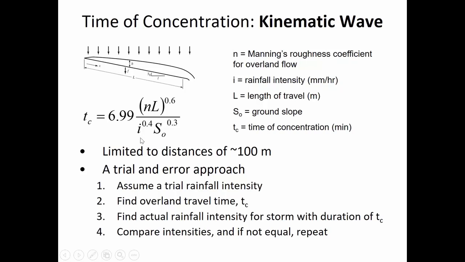You'd make some guess value of the T sub C the first time so that you can find out a rainfall intensity, and then you check that guess value to see if it's valid and make adjustments if necessary. So this is considered maybe the most sophisticated of the options for calculating the time of concentration. All of the other methods don't have as many parameters, and so they're not as sensitive to differences in rainfall or differences in slope.